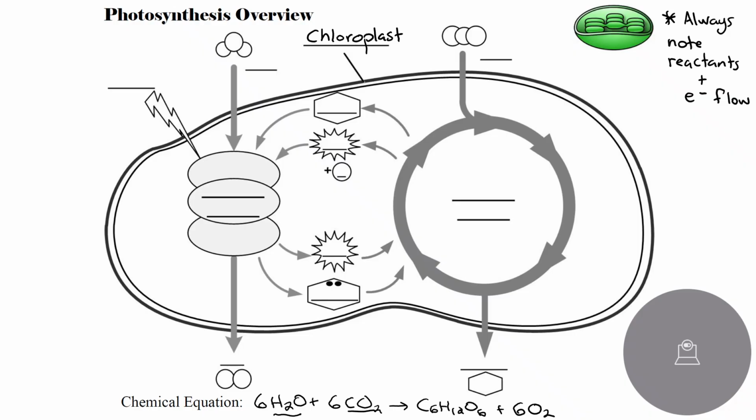Okay, let's begin. We have two sections that we see. One that has light, and guess what? It's called the light reactions. The light reactions take place at the thylakoid membrane.